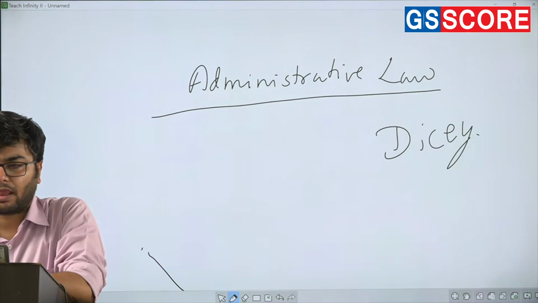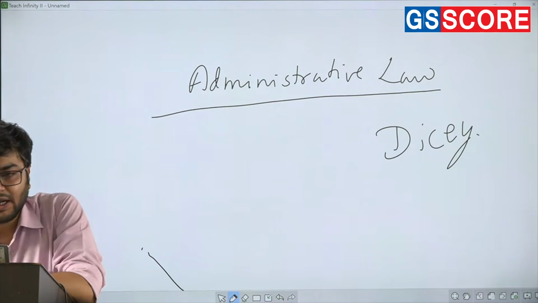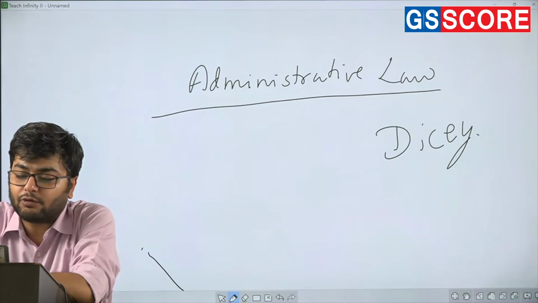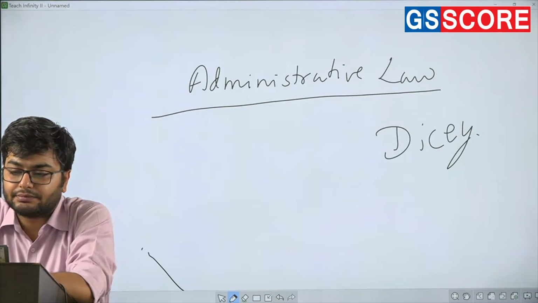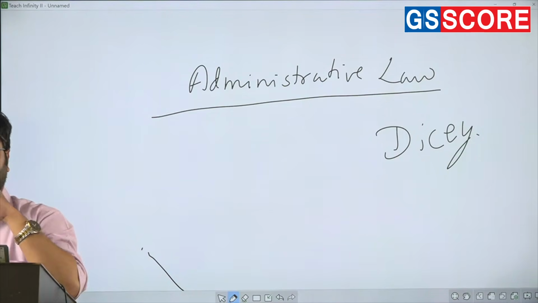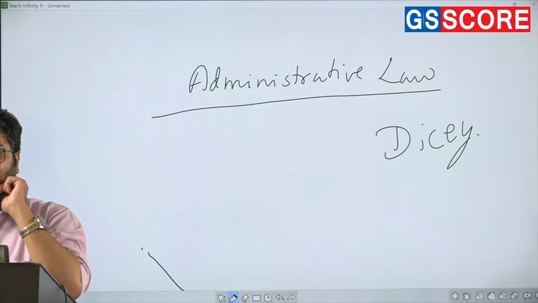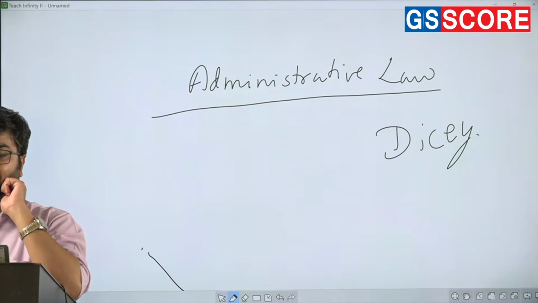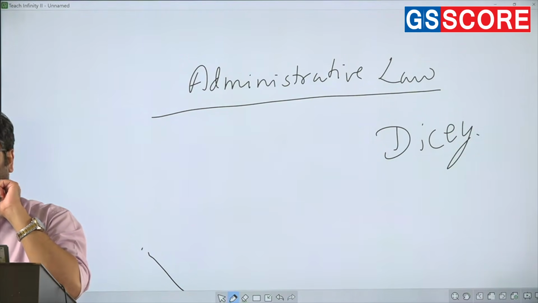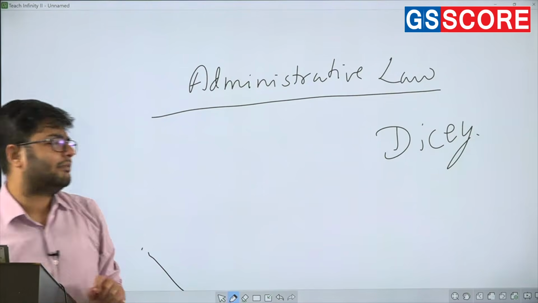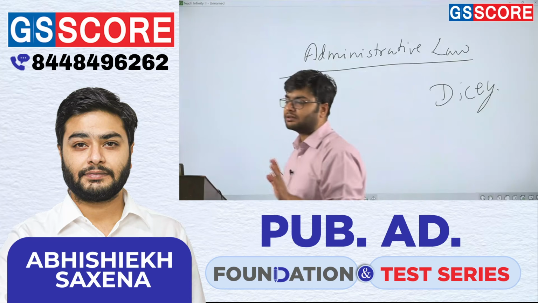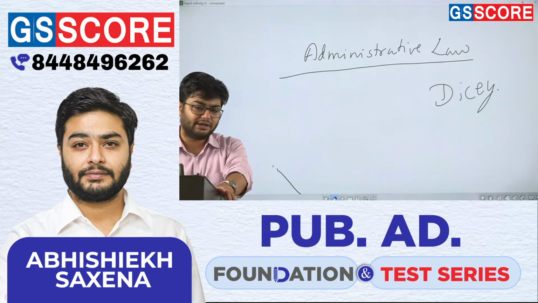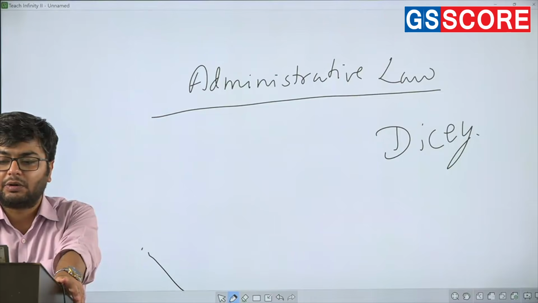Also in operation, the quasi-legislative and quasi-judicial powers of the administration. So that is broadly what administrative law is all about. I am not getting into the common law system and the civil law system here. That is something that you have already studied as part of the foundation.